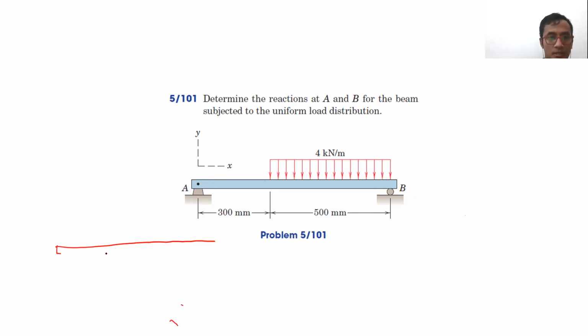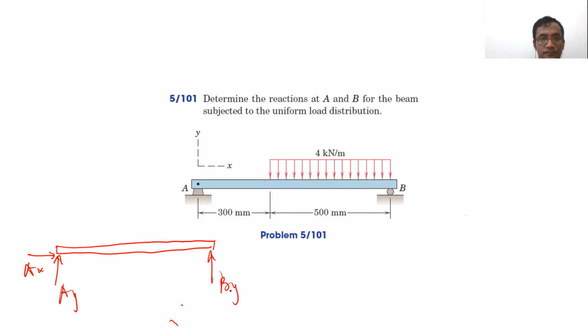Okay, if this is the free body diagram, then at A there will be AY and AX, because it's a pin joint, and at B it will be BY. Beside that there will be a distributed force from x equal to 300 millimeters to x equal to 800 millimeters.